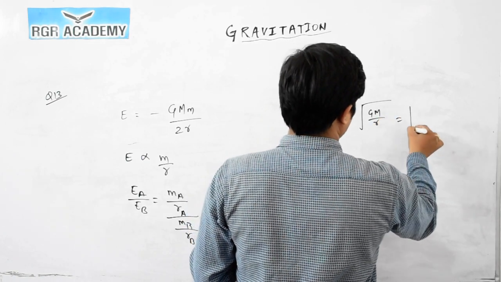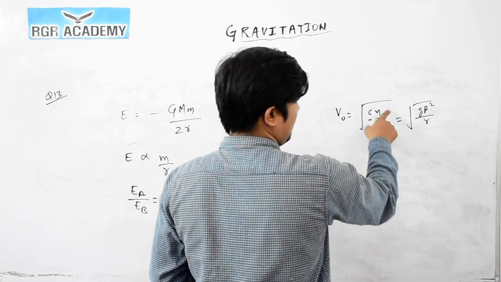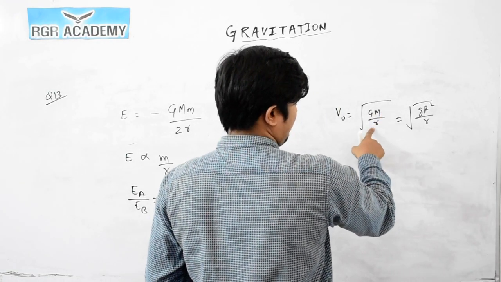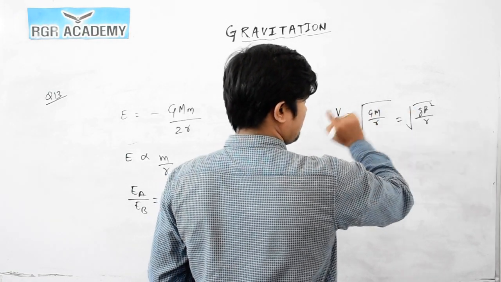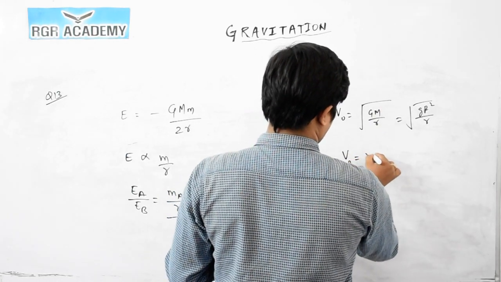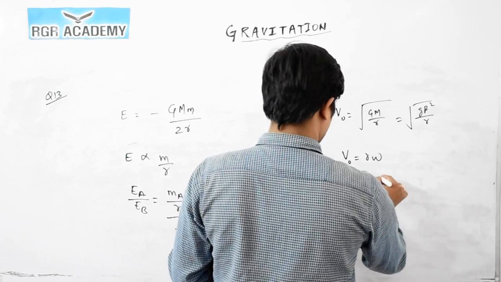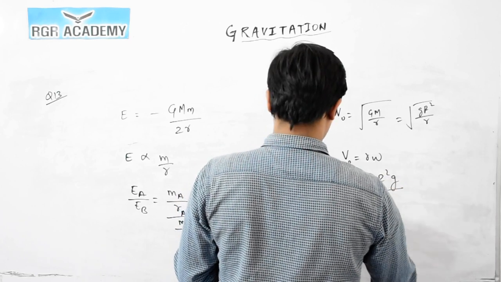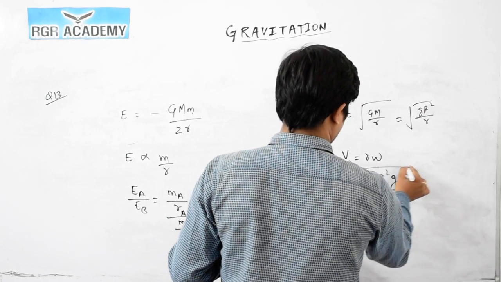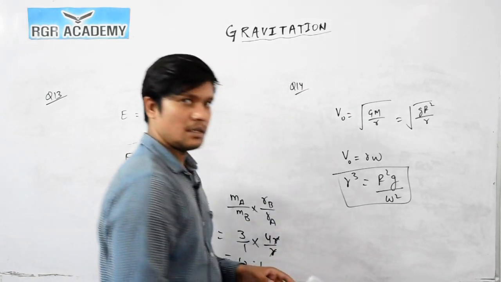Multiply and divide by R square, so GM by R square becomes small g. So we can say that v naught equals r into omega, so r cube will be equal to R square g by omega square. So for question number 14, option number 2 will match.